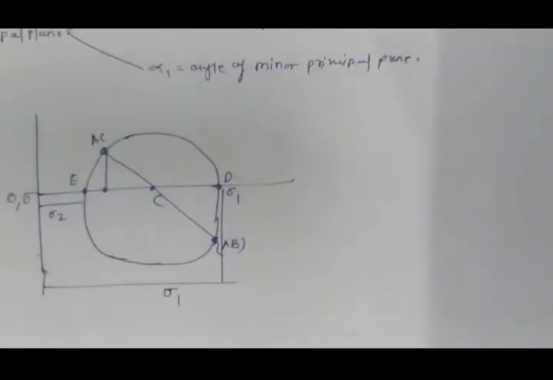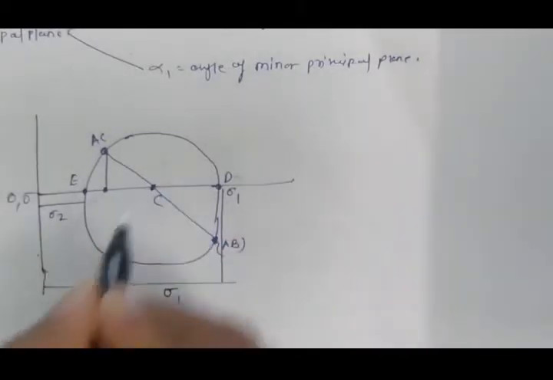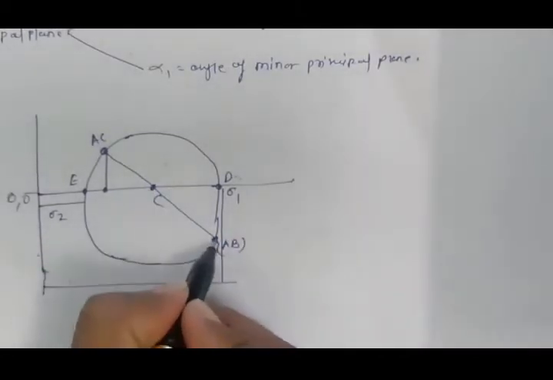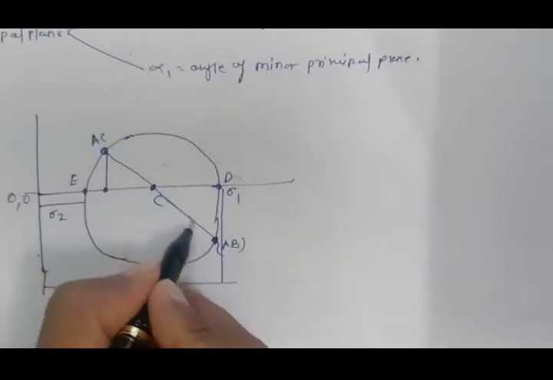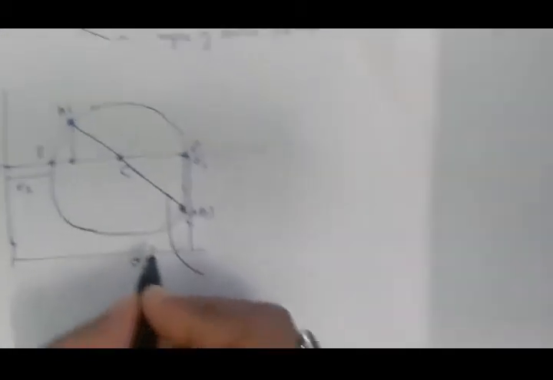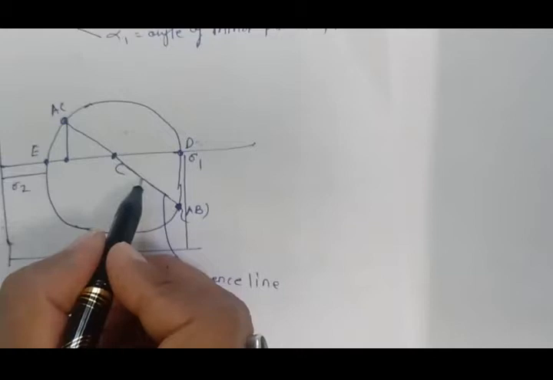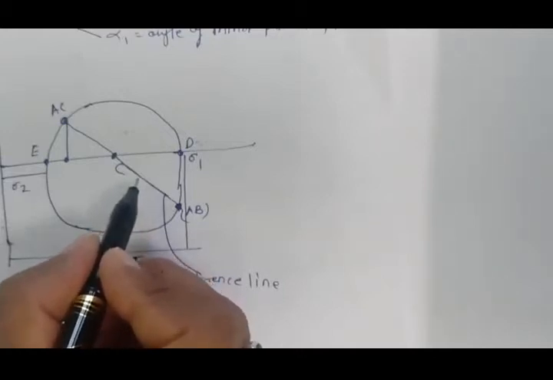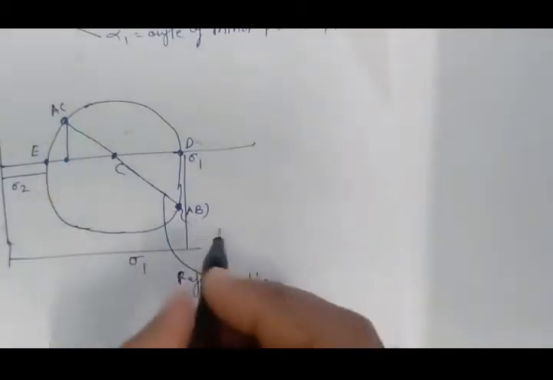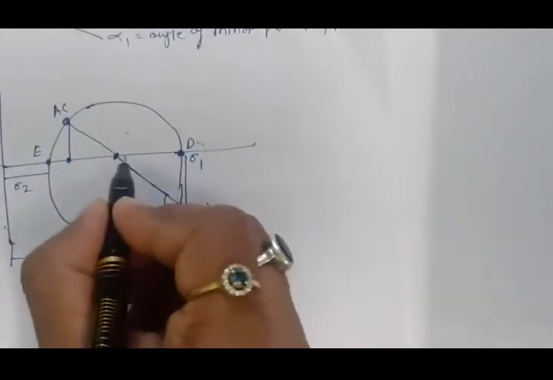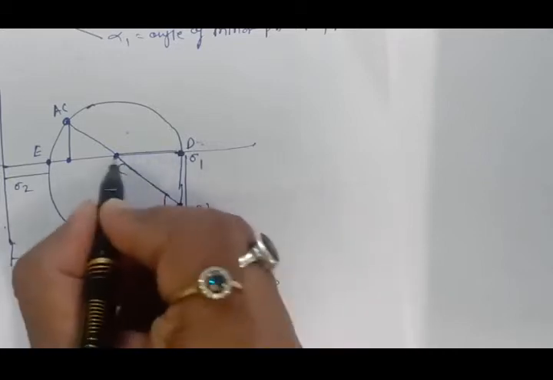Now where will be the location of the principal plane? That principal plane we have to take from the reference line only. This is our reference plane, and this is our reference line. This is very important. From that reference line we take the angle of the major principal plane and the angle of the minor principal plane. This is our major principal stress sigma 1, this is the line of this.